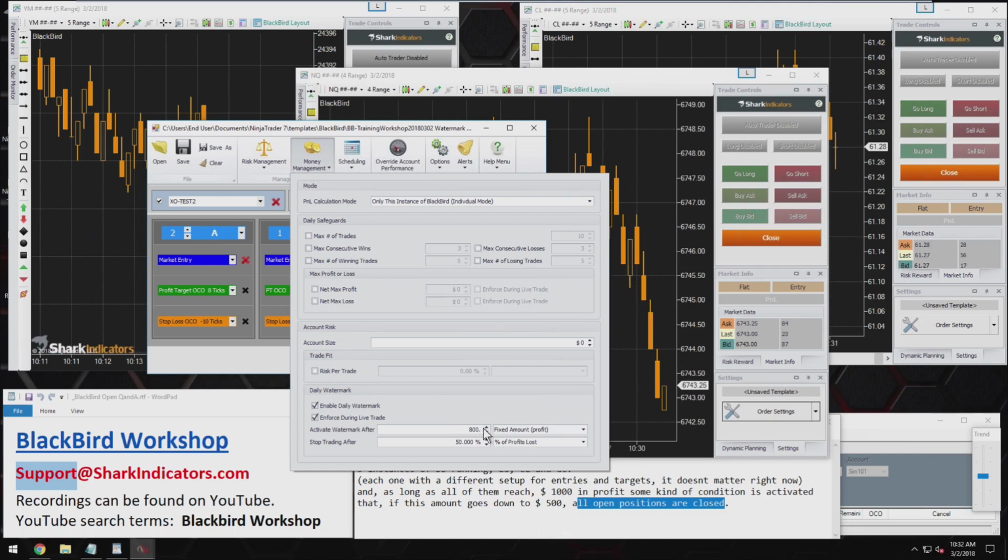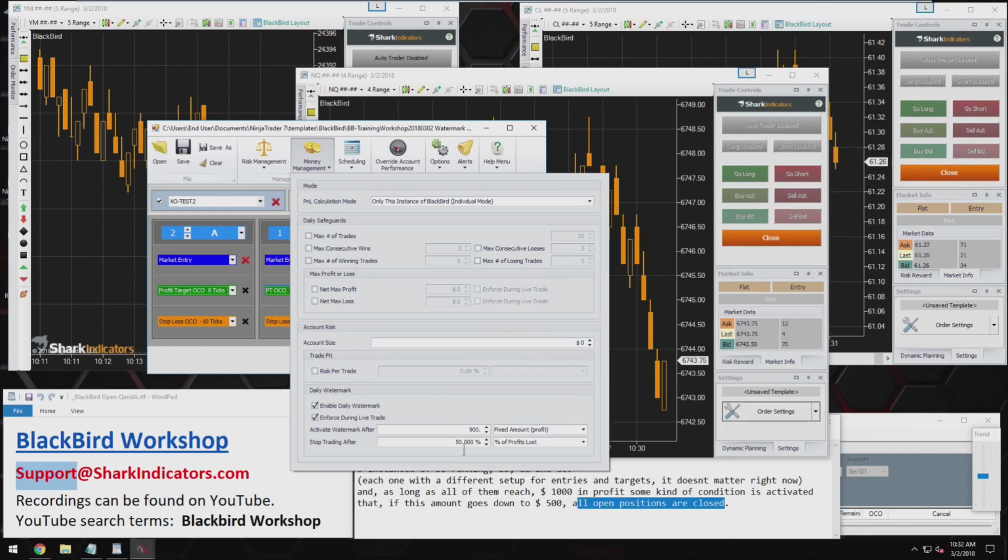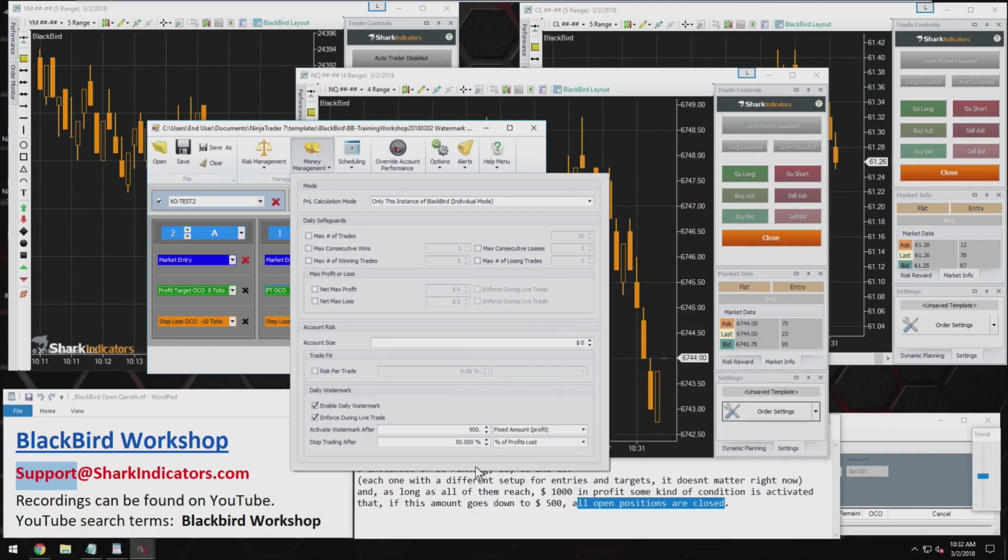So, for example, if this Blackbird was running a $900 activation, right, this Blackbird may not turn itself off, because it's waiting for $900 in profit for the watermark to activate, whereas the other 2, their watermark activated at $800, right?